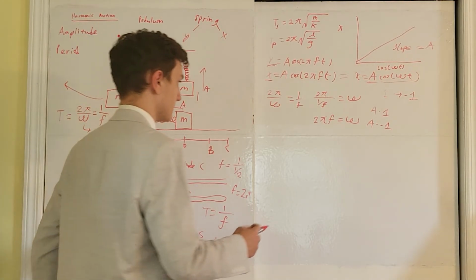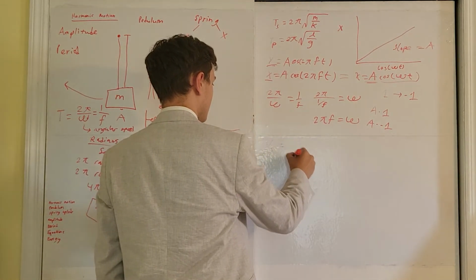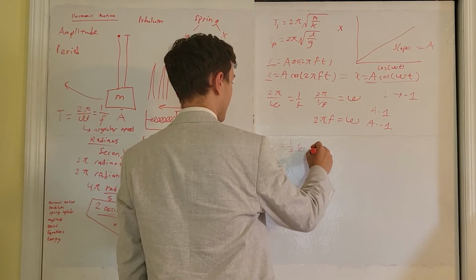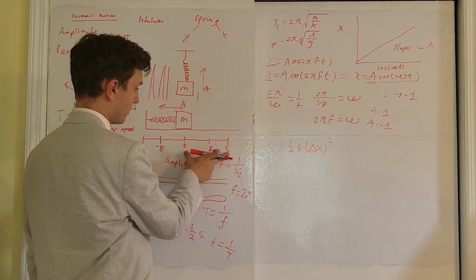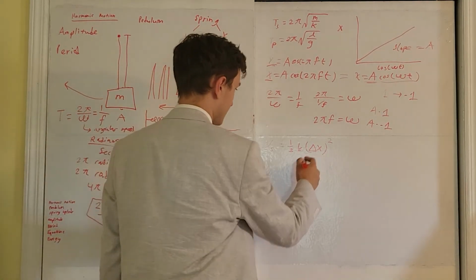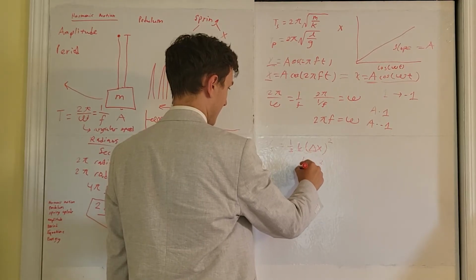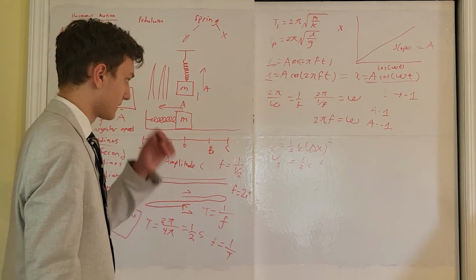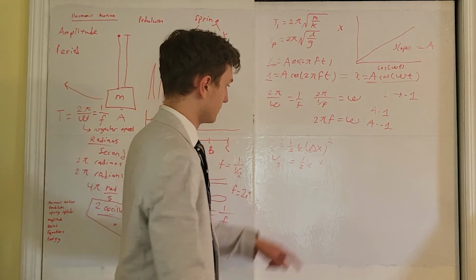That is defined by the equation for spring potential energy: U sub S equals 1/2 k delta x squared. The distance that the spring was stretched is C, so my delta x in this case would be C, and 1/2 k C squared equals the potential energy stored in the spring. So C now is my amplitude.